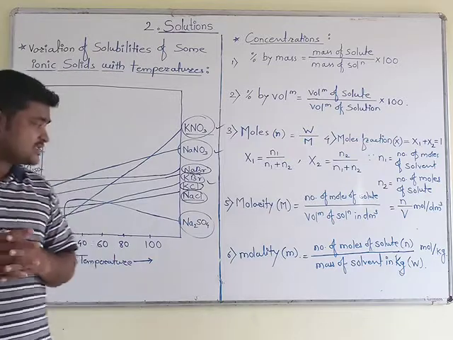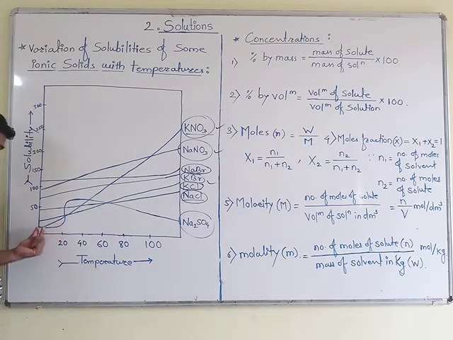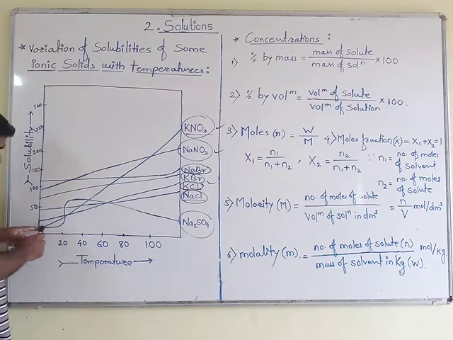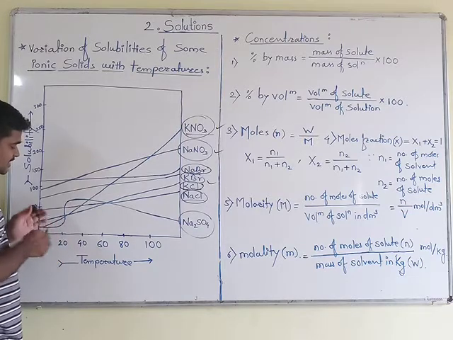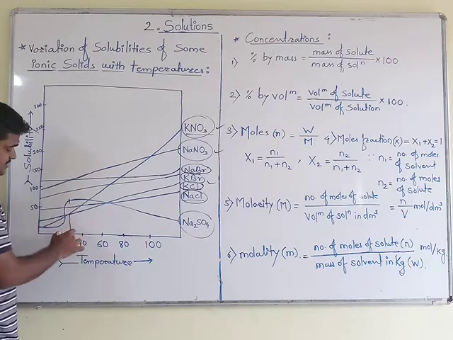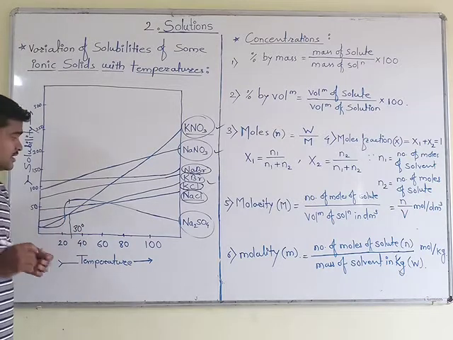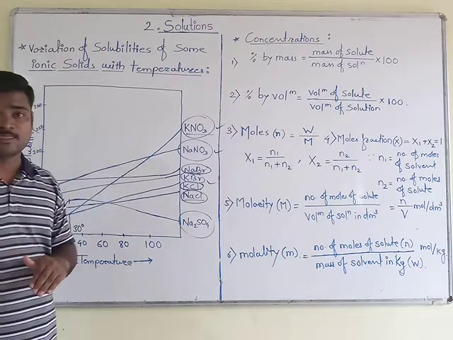Now, what is the difference that we are going to look at here? Look at the nature of the graph. First, with increasing temperature, the solubility of Na2SO4 increases slightly. Then at this point, that is at 30 degrees Celsius, you will notice that a decrease takes place.